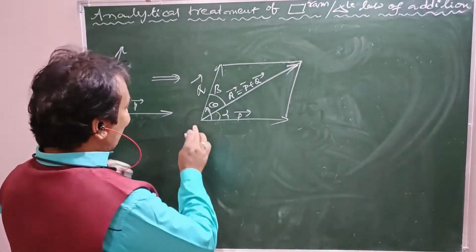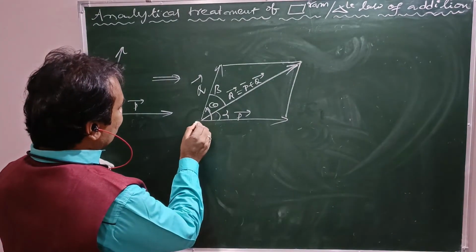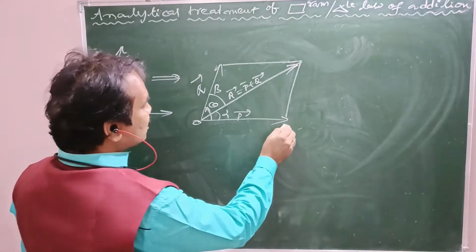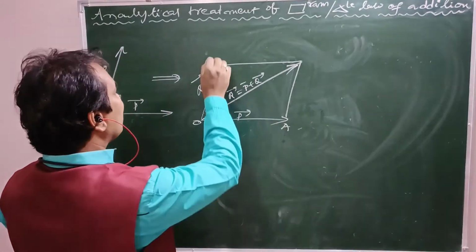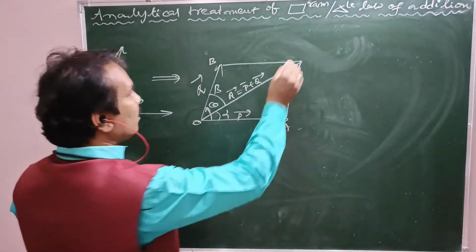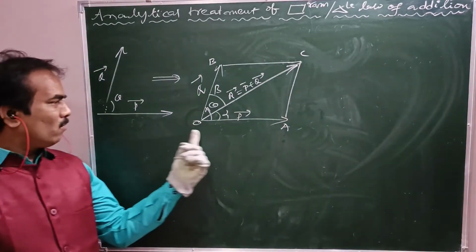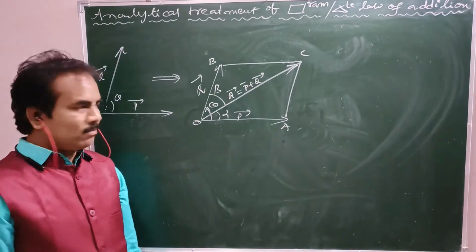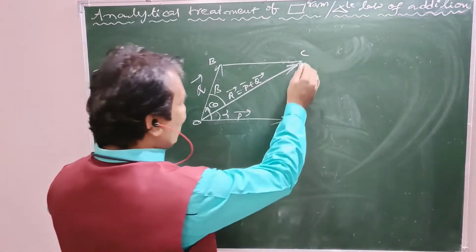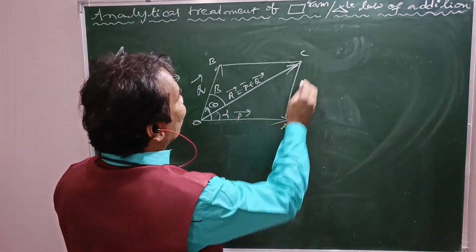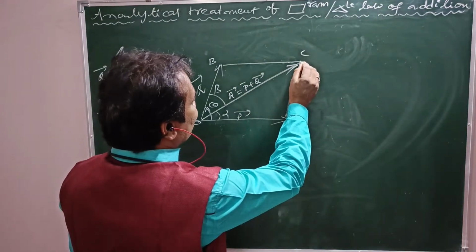Okay. Now I am labeling. This is O. This is A. OA. It is OB. It is OC. Right? OABC is the parallelogram. Now I am taking one normal onto P bar from the end C like that.